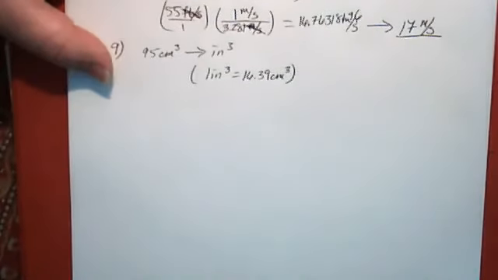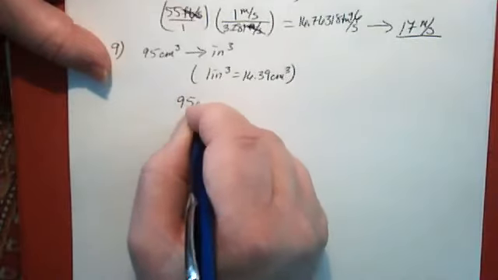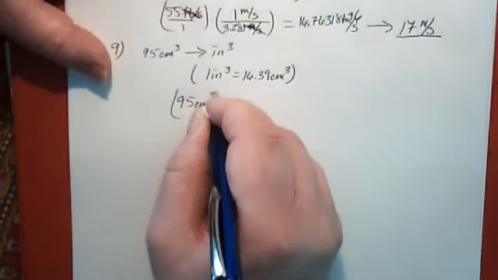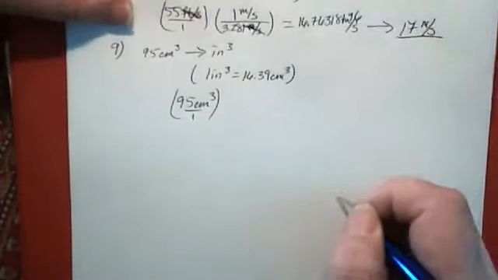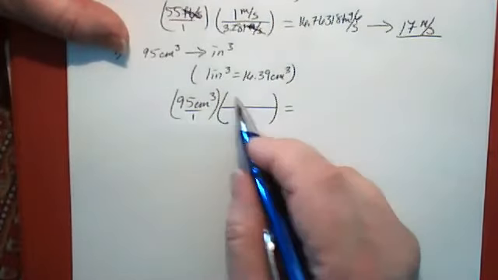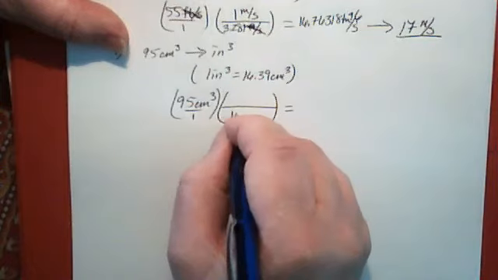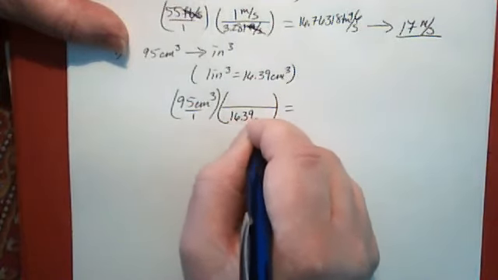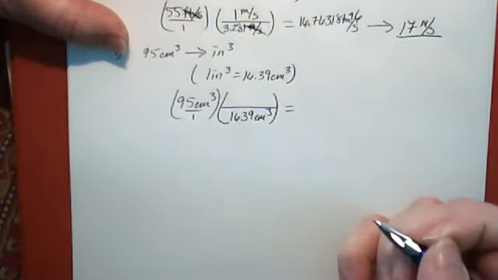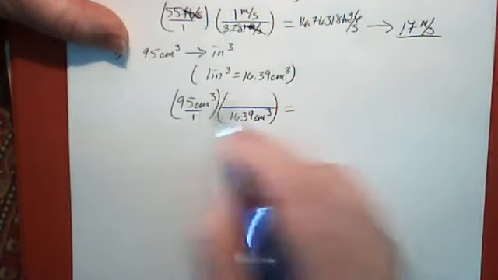Okay, so what we're going to do here is take 95 cubic centimeters. That's the number we're starting out with, its units, times a conversion factor. The conversion factor will have cubic centimeters on the bottom because we want those units to cancel out with the measurement we started out with.